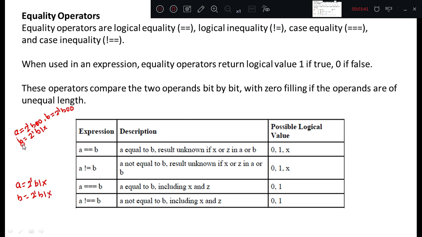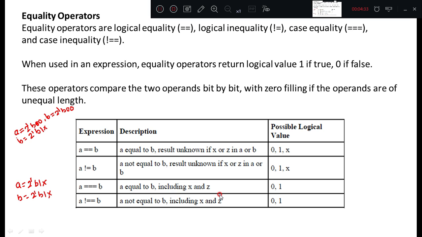Suppose B has value 2'b1x. In this case, X unknown is part of the value, and when you compare A equal to B, say you consider the first condition A equal to B, since X and Z are part of the data in A or B, the result is X. Similarly, in the third equation, case equality, A triple equal B, in this operator, the value includes X, but both include X at the same place, so you will get result as logical 1.